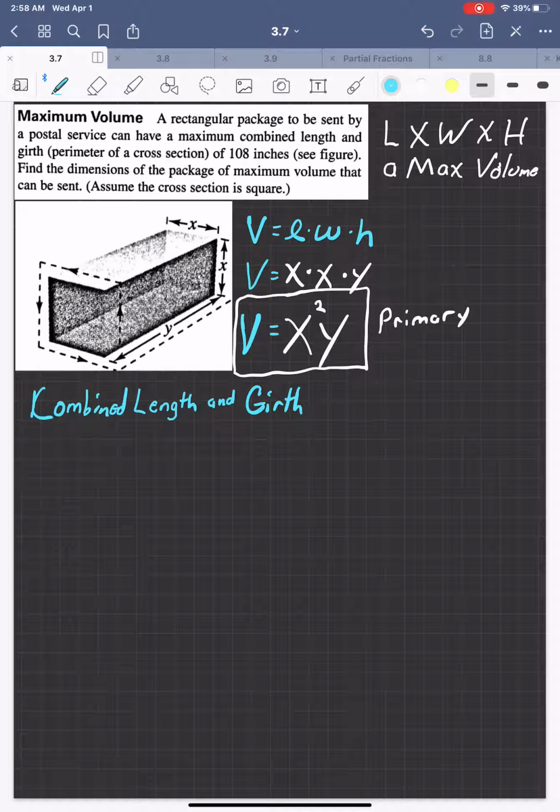Ready? Let's go ahead and start to add that up. So if you had your tape measure and you started adding that up, it would be y plus x plus x plus x plus x, so y plus 4x. With me?